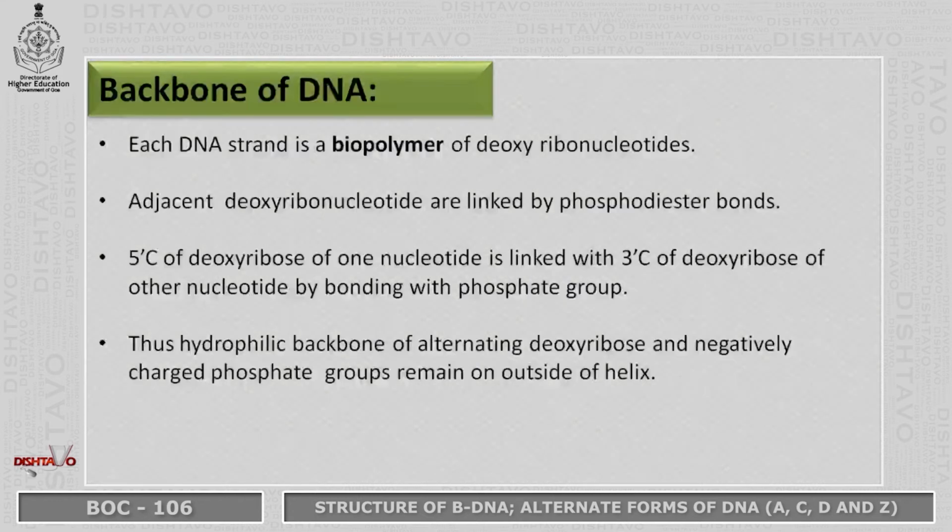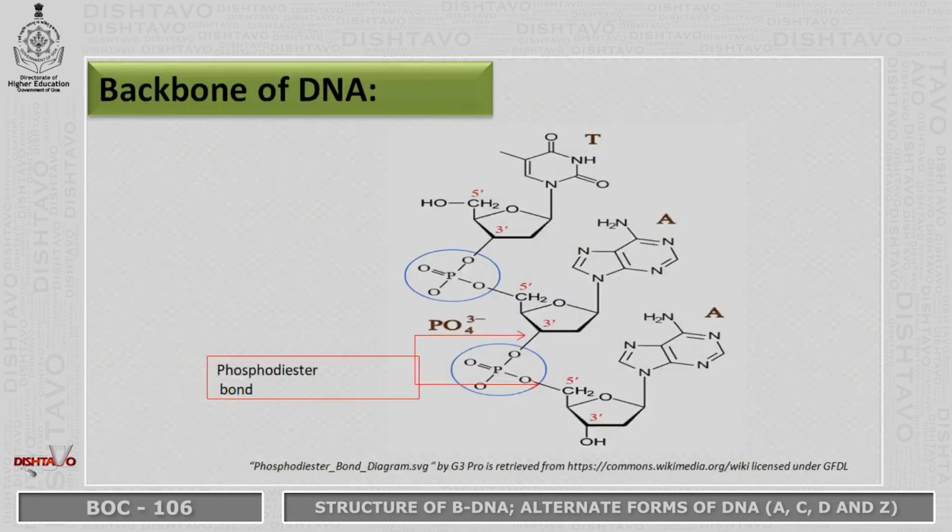Thus, the hydrophilic backbone of alternating deoxyribose and negatively charged phosphate group remains on the outside of the helix. Here, you can clearly see the structure wherein a phosphodiester bond is shown between the two deoxyribonucleotides.